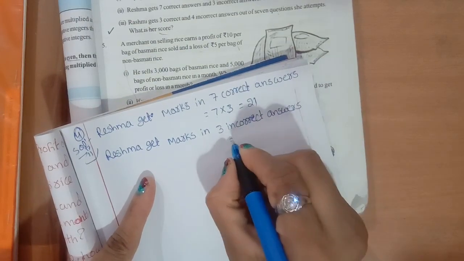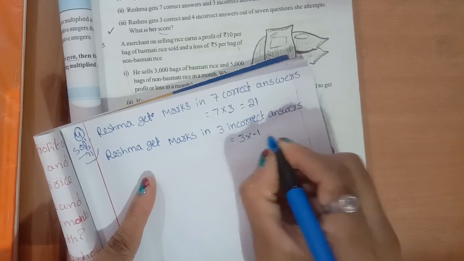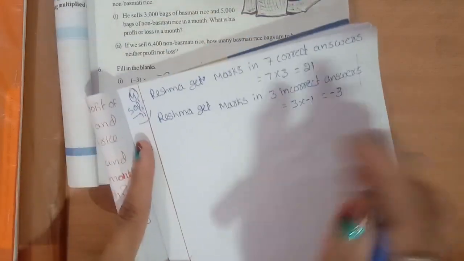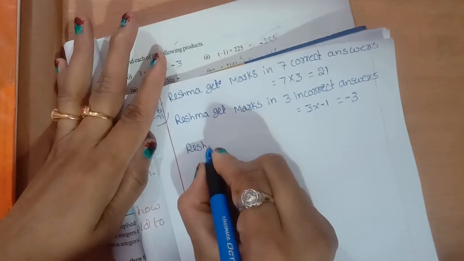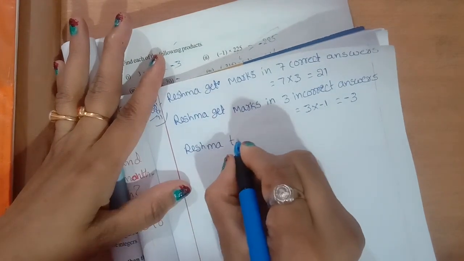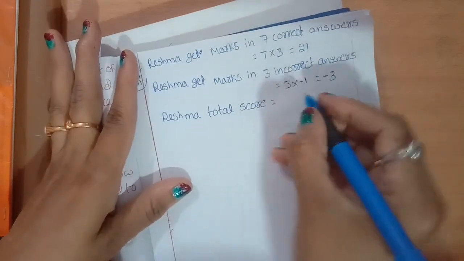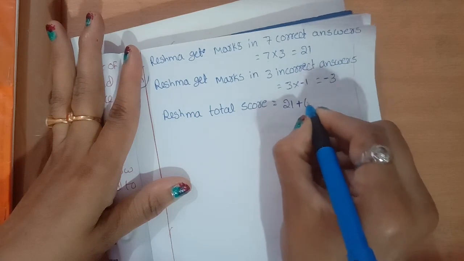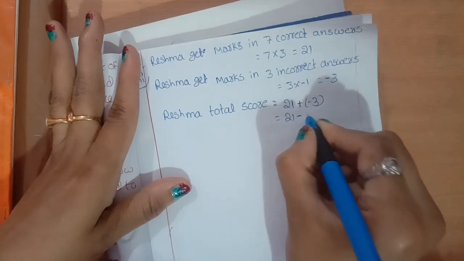Every incorrect answer is -1 only, so 3 into -1 is -3 only. Next is Reshma's total score. What is the total score? 21 plus -3, that is 21 plus into minus is -3.